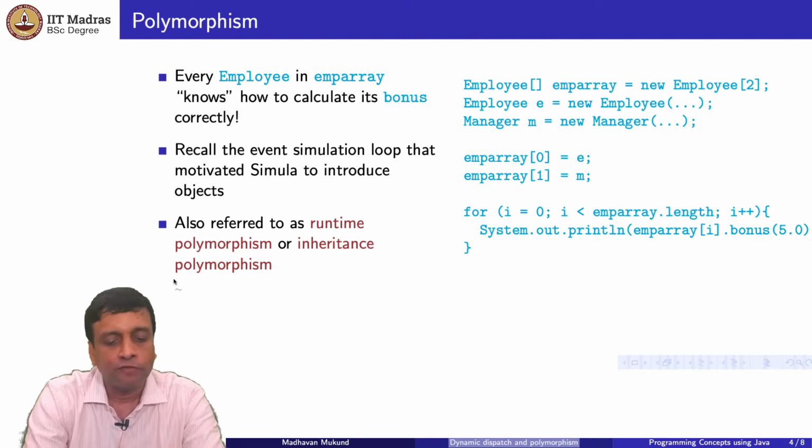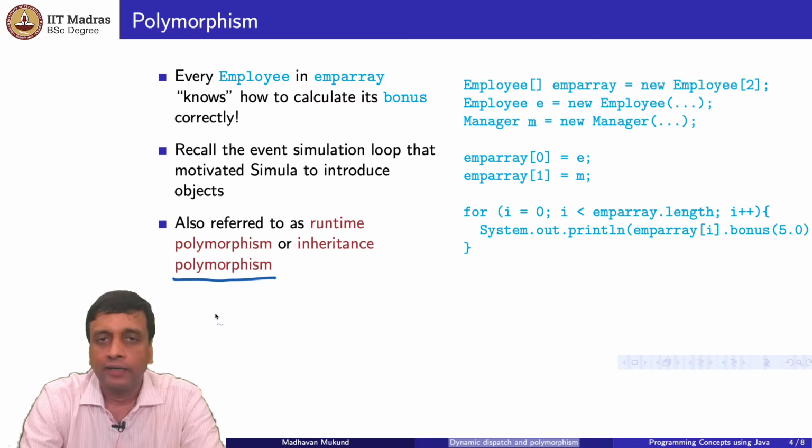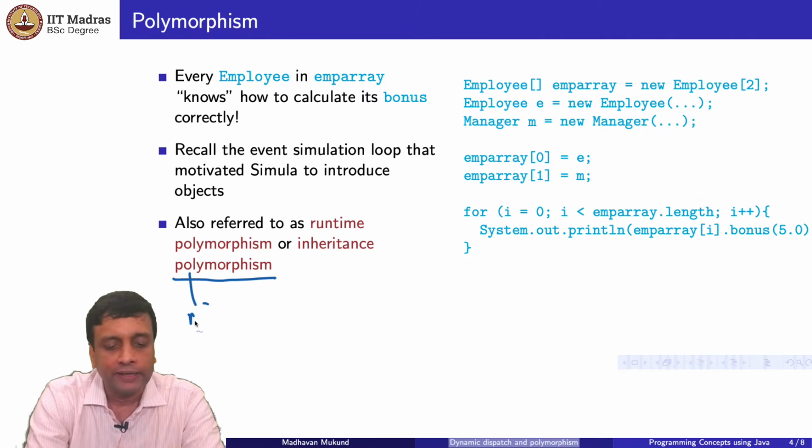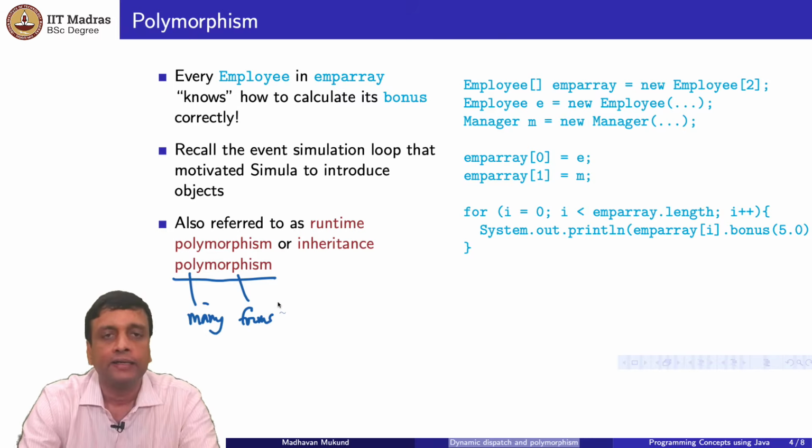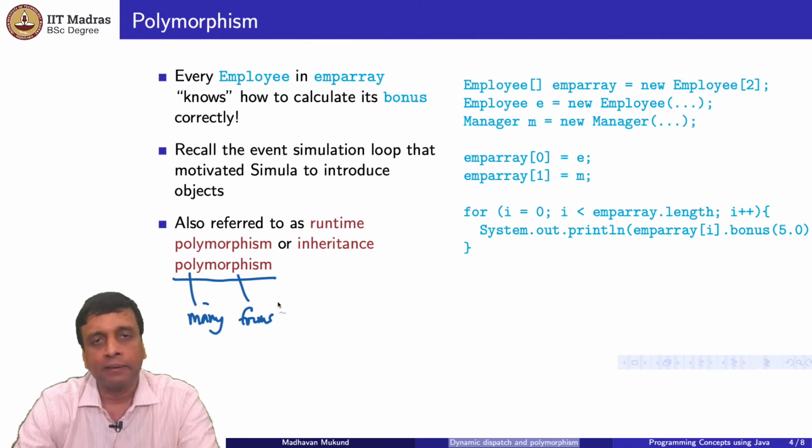Now, polymorphism, if you have a little bit of understanding of the Greek origin of such words, poly means many, and morph refers to forms. So this is saying that the same function takes many forms, and which form of the function you use is determined at runtime based on the current object's position in the hierarchies. Hence runtime polymorphism or inheritance polymorphism.